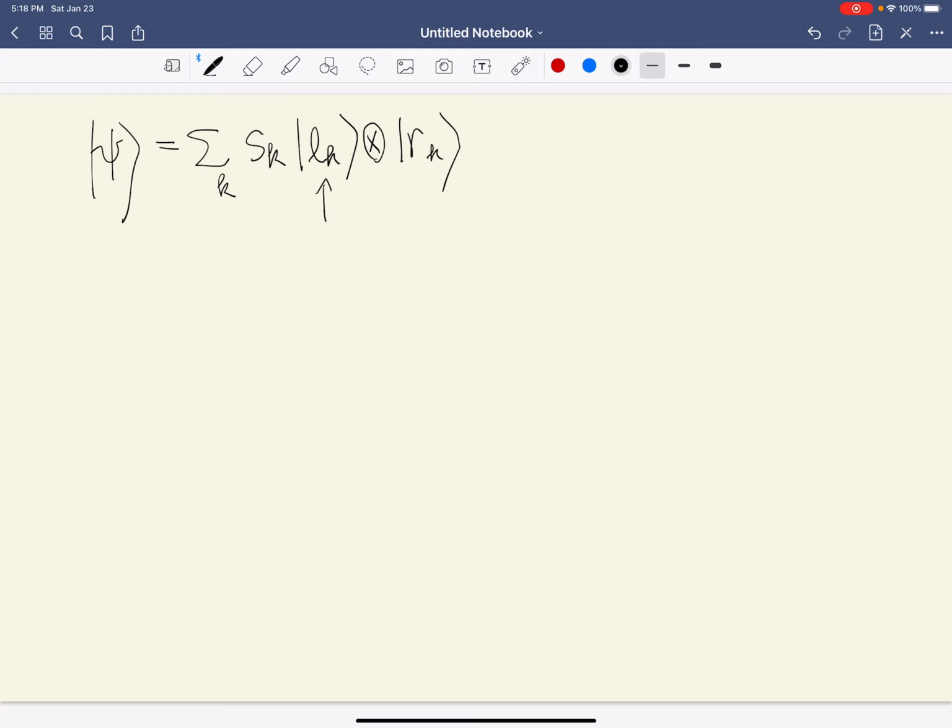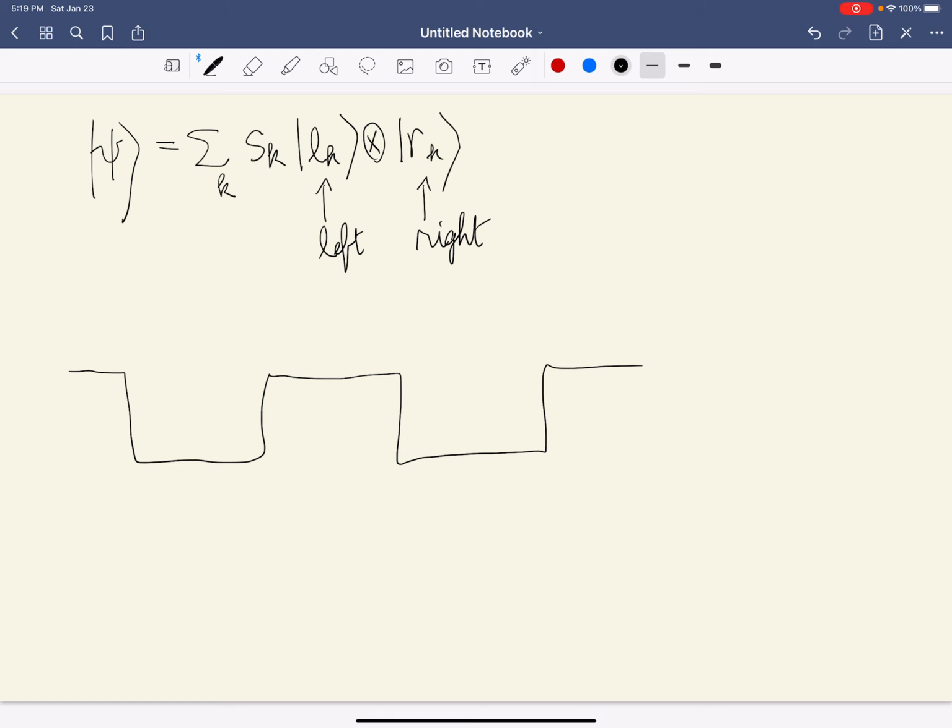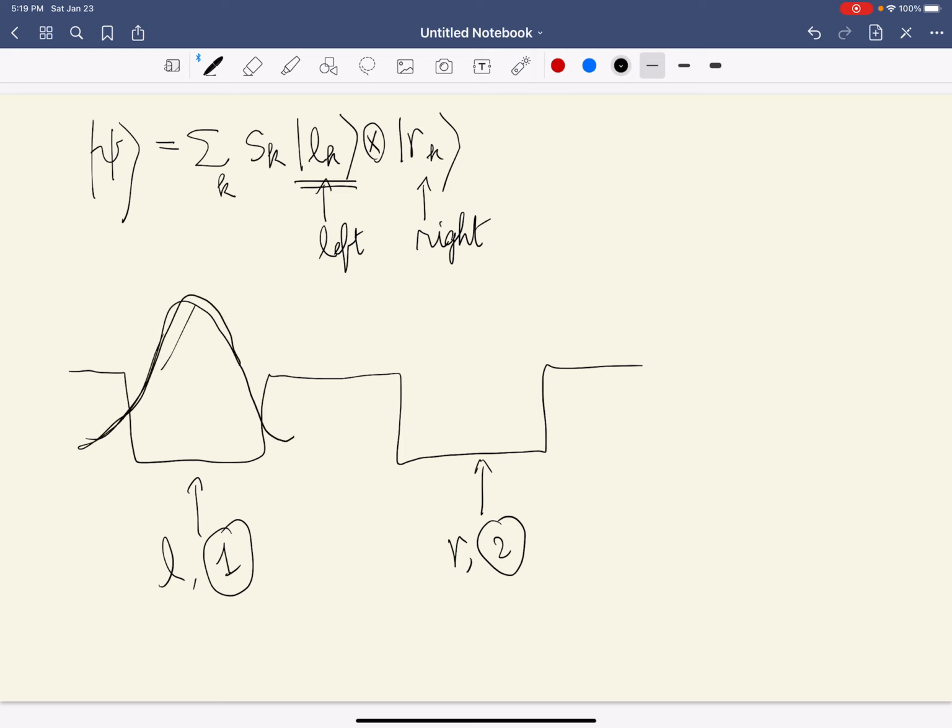Okay, so why do I introduce this left and right notation? What I'm assuming is that I have this kind of separation of space where this left space is being occupied by particle 1, and this right space is occupied by particle number 2. So L_k represents some sort of wave function which is localized on the left-hand side of the space.